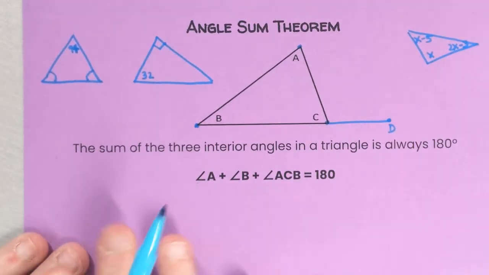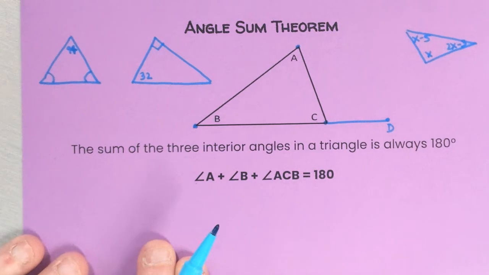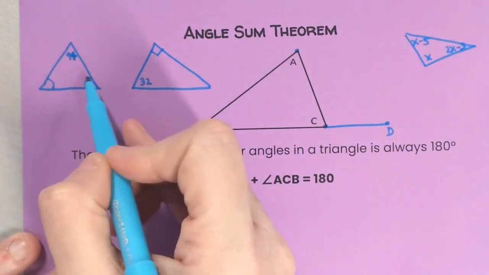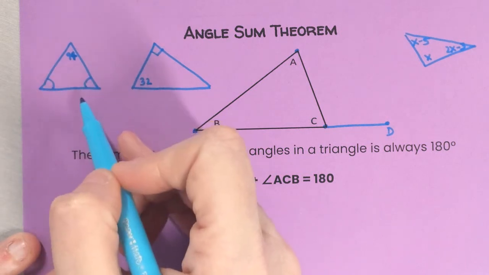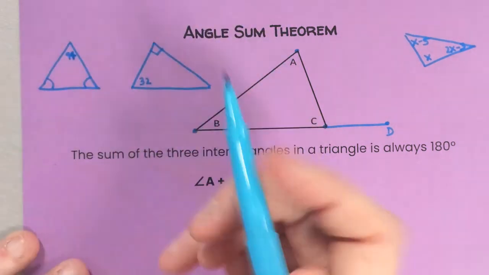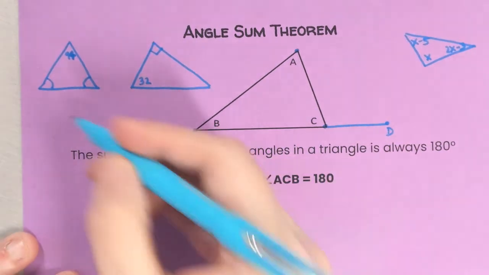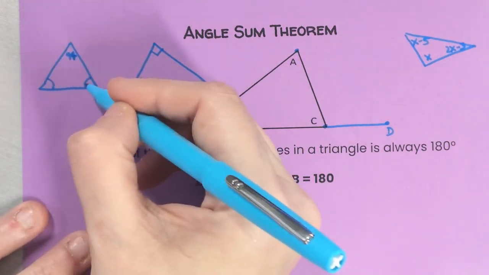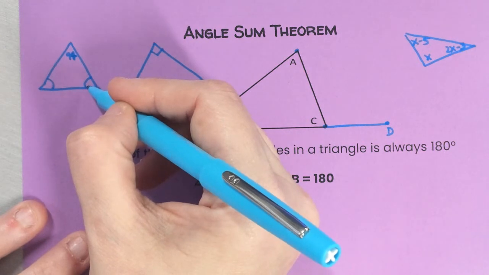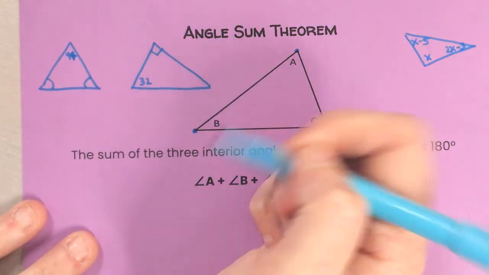Okay, so I want to talk to you also about some markings that you might see in triangles. So first of all, do you see how these two have like one little angle marker? That means that they are the same. So let's pull this down here and let's look at it. So I have 94 plus these two things that are the same. How am I going to figure out what I have?